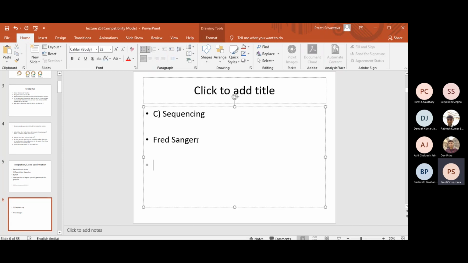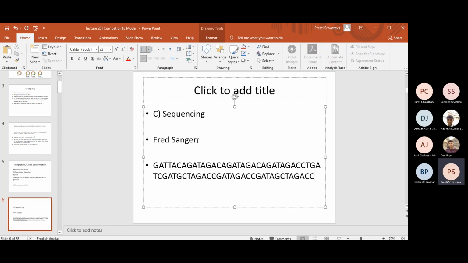Yes, ma'am. For example, the sequence is GATTACG. Don't look at the repeats, I'm just typing.